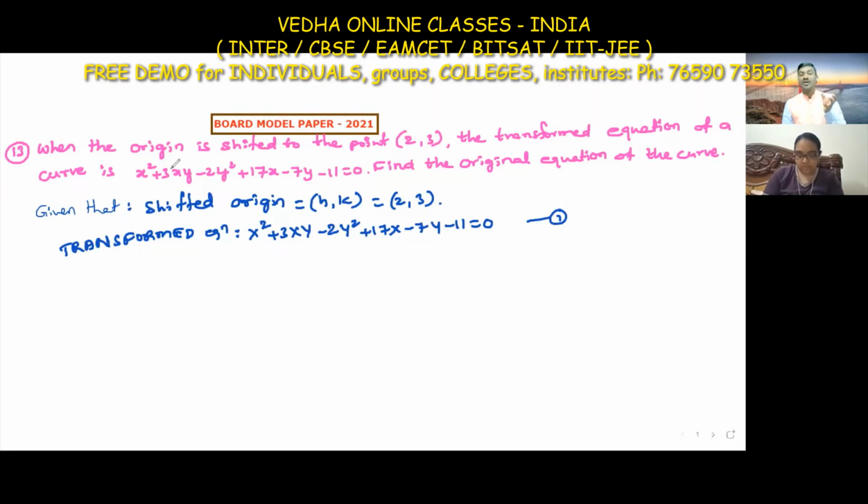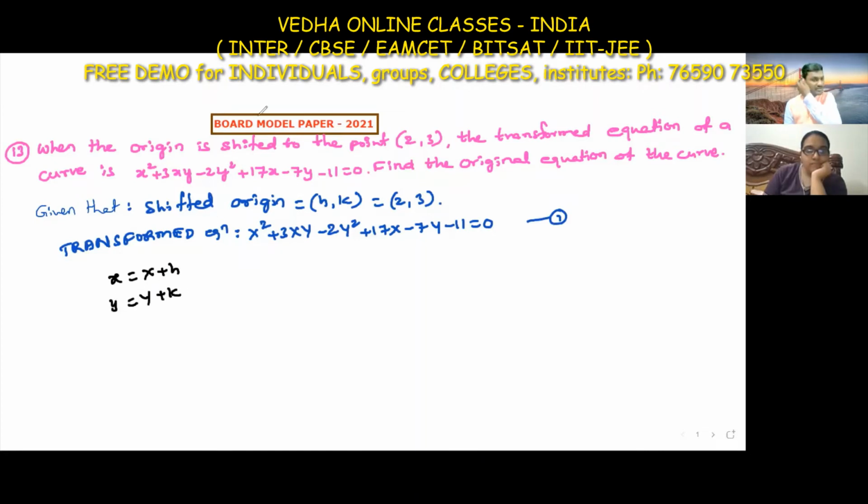Given that the origin is shifted from one place to another, we have the formula: small x is equal to capital X plus h, and small y is equal to capital Y plus k.